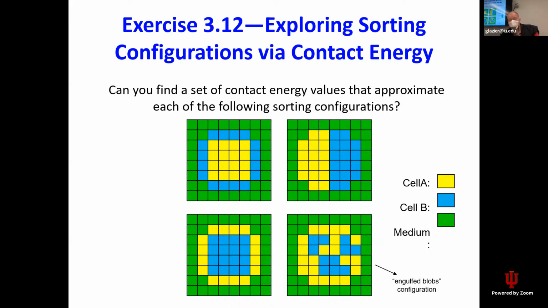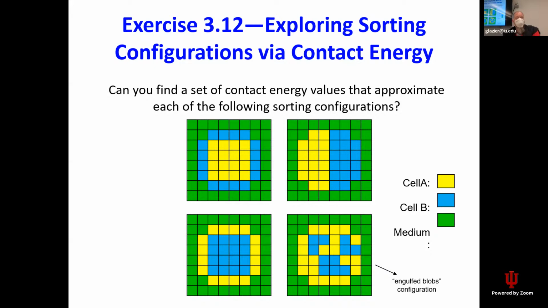And we're not going to have time today, but as an exercise, you could think about, suppose you wanted each one of the patterns that's on the screen here to be the equilibrium configuration. And you could ask the question, what is the hierarchy of those J's?